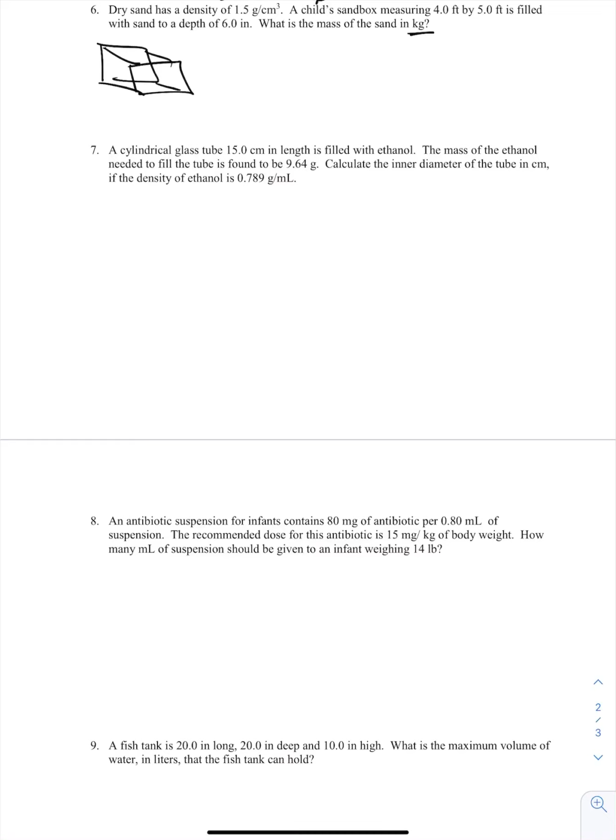So if we multiply these three components, we find the volume. So 4 feet times 5 feet times 6 inches. Well, we run into a problem here, because if we multiply this across, we're going to get units of feet squared inches, which is not really helpful.